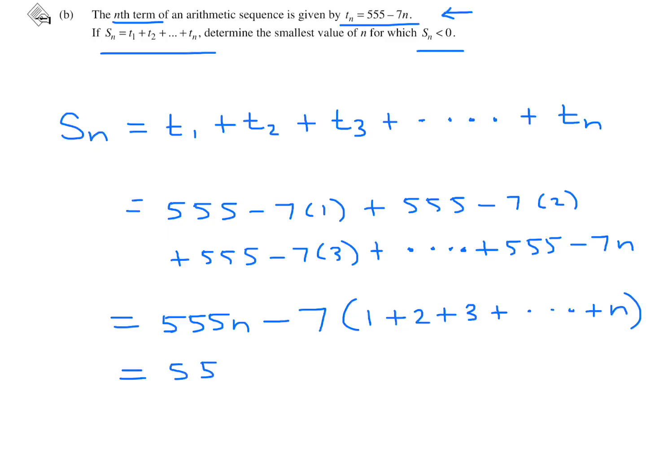So we got 555n minus 7. And if you remember, there's a formula that you can use to add up consecutive numbers from 1 to n. And that formula is n times n plus 1 over 2. Okay?